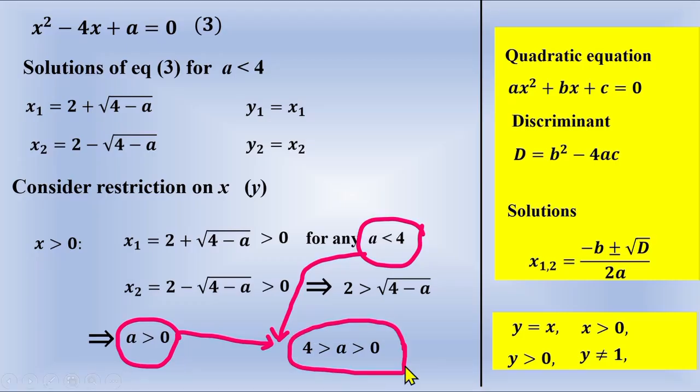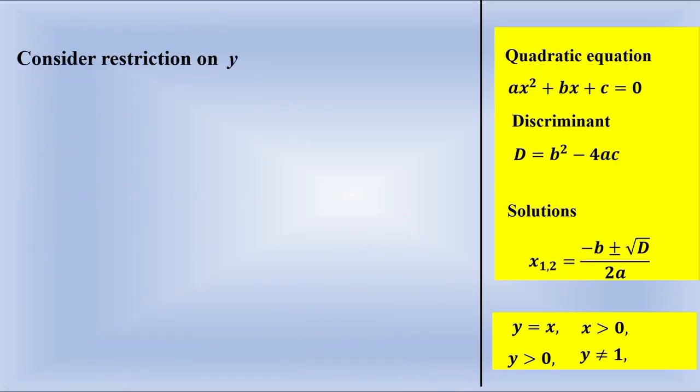We will use this answer later. Now we consider restrictions on y. For y greater than 0, we already found a restriction. It leads to the same inequality for a.